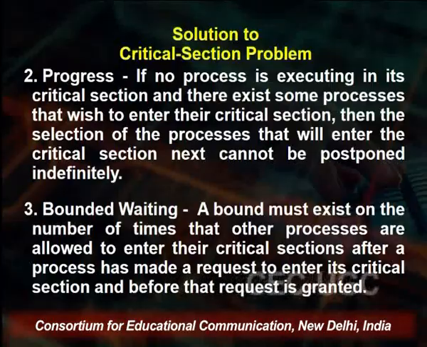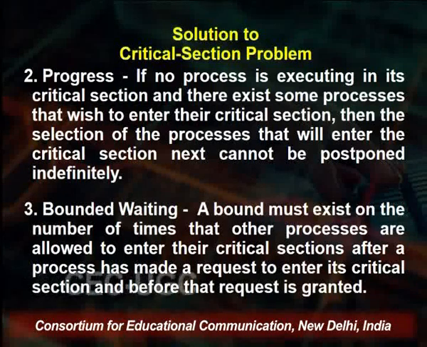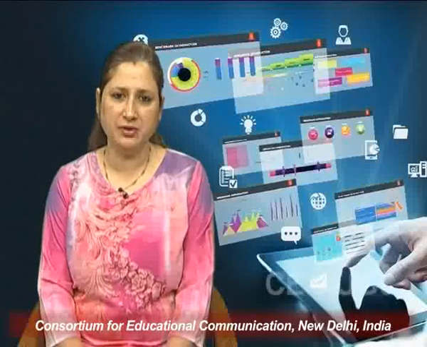And the third condition is bounded waiting. Bounded here means limited. That is, a bound or a limit must exist on the number of times that other processes are allowed to enter their critical section after a process has made a request to enter its critical section and before that request is granted.